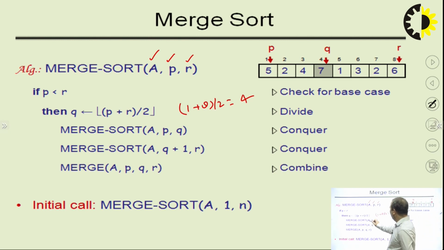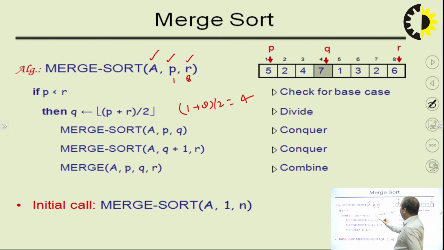Now we again call this function, merge sort A, P, Q. Here A is the array, P is 1 and R is 8.